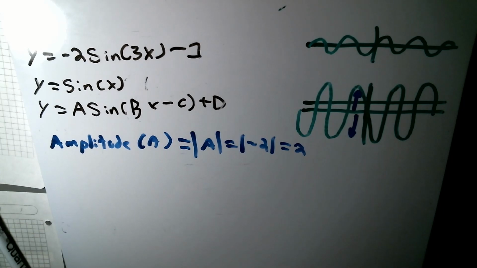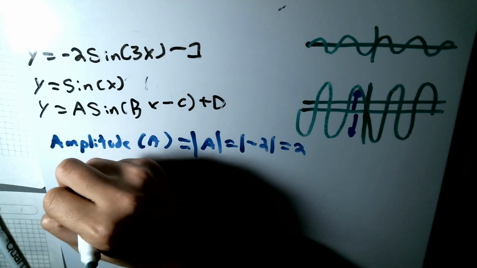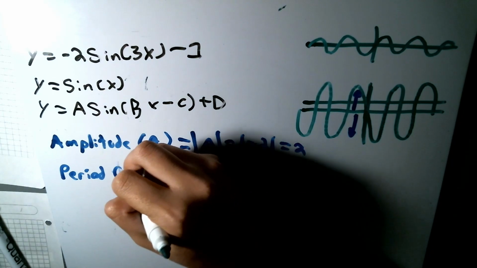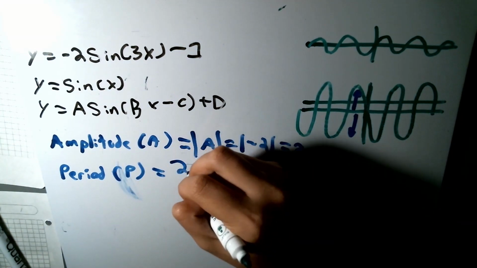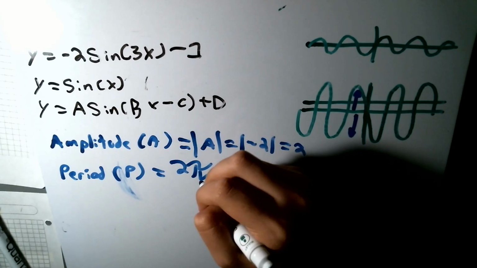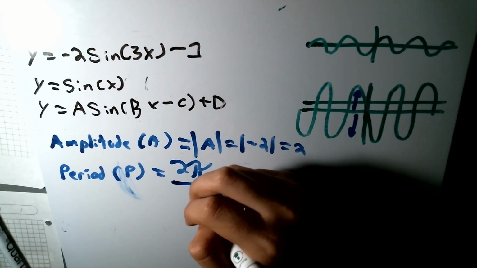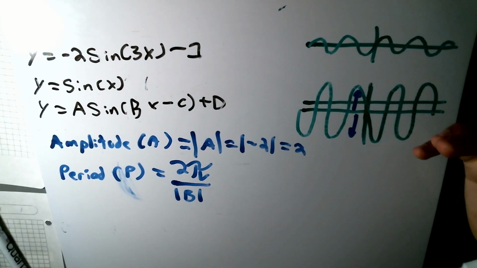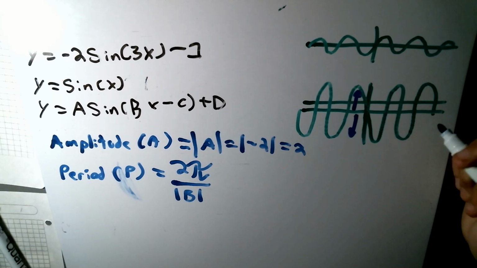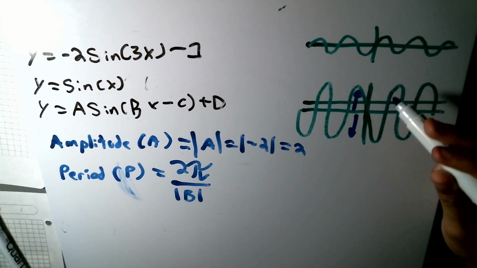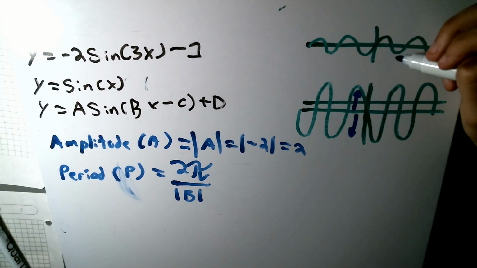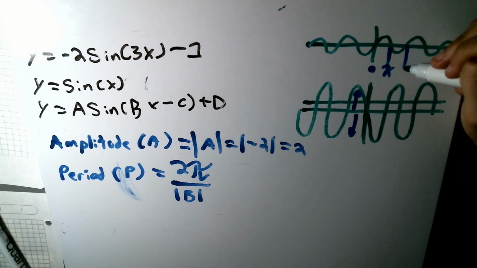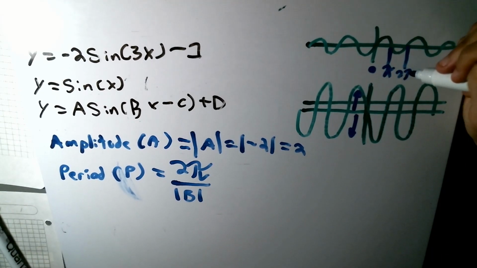Now let's look at the period. Period P equals 2 pi over the absolute value of B. The period of a normal sine function is 2 pi. So this is 0, this is pi, and this is 2 pi.